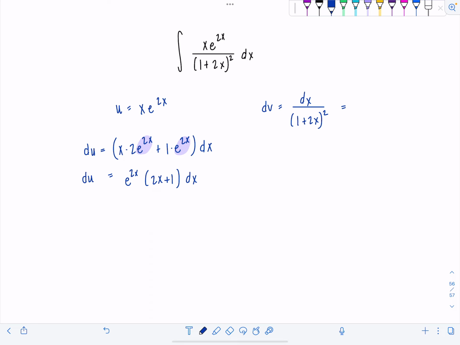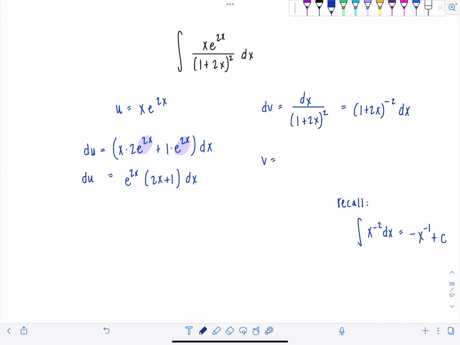All right, now how to find v. Well, keep in mind dv is (1 plus 2x) to the negative second dx, right? Good. And you might, depending on where your integration skills are, maybe need to just do this entirely off to the side. I'm going to just have you recall something though. If you're trying to anti-differentiate x to the negative second, you add 1 to the exponent, divide by the new exponent. So it would be negative x to the negative first plus c.